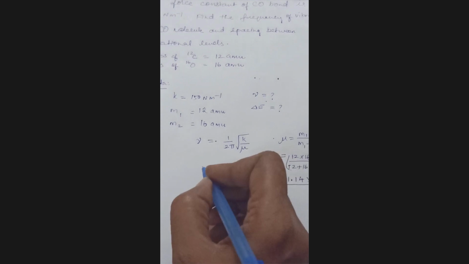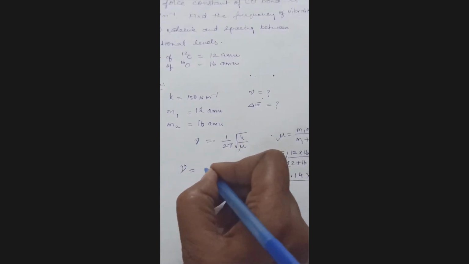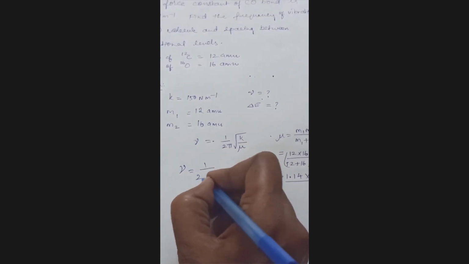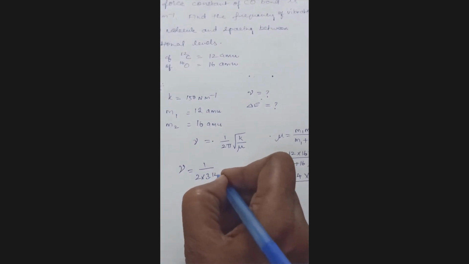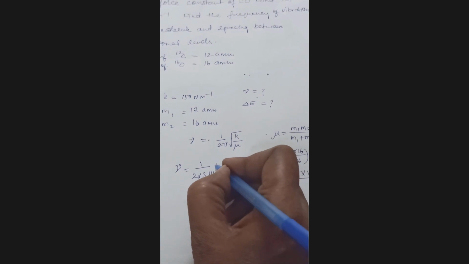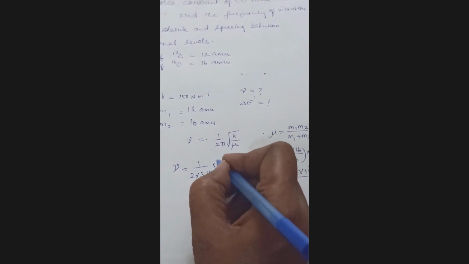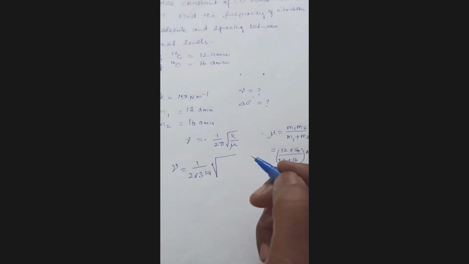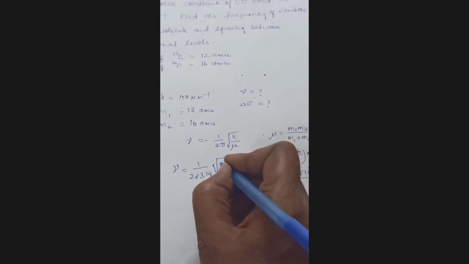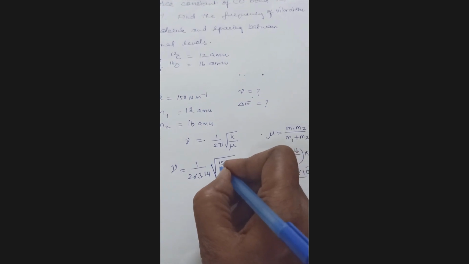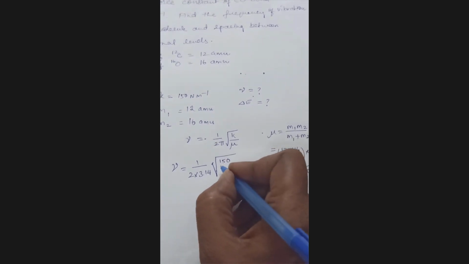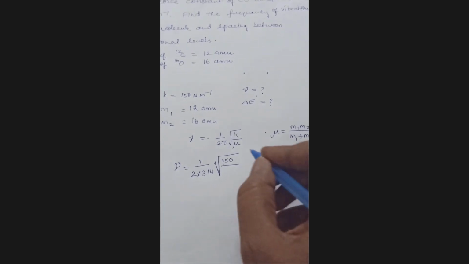Now let us substitute that in the formula. 1 by 2 into 3.14 into square root of K. K is given to us, that is 150 Newton per meter, divided by mu, the reduced mass.